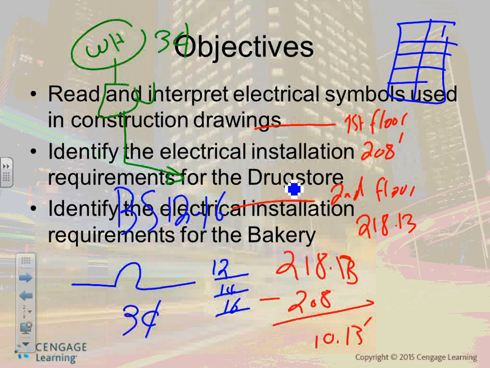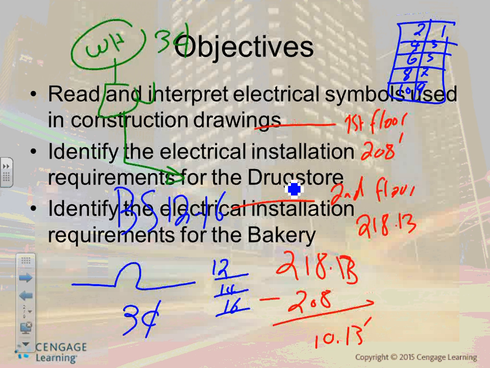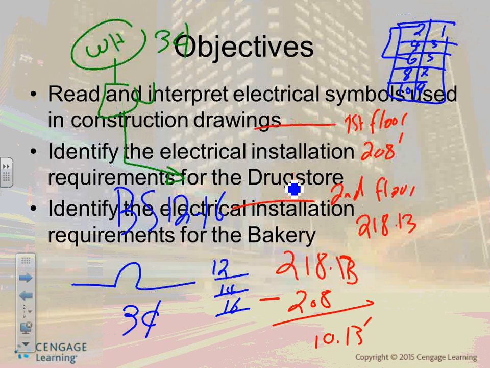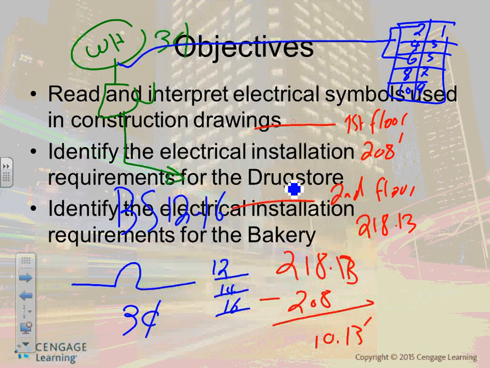So that would be 1, 2, 3, 4, 5, 6, 7, 8, 9, 10. All panels, 3-phase and single-phase, are labeled this way. Odd on the right, even on the left. So these 3 circuits are going to be going to where? This guy. Does that make sense?